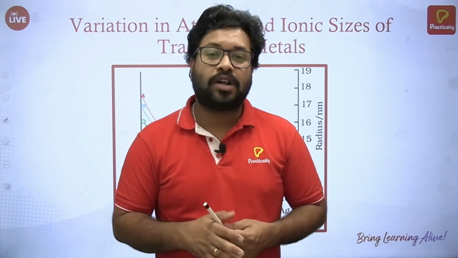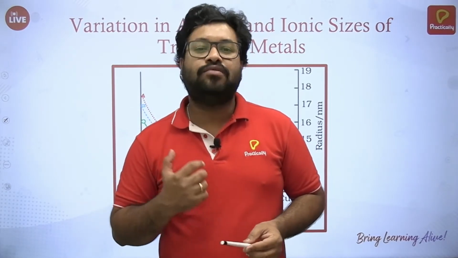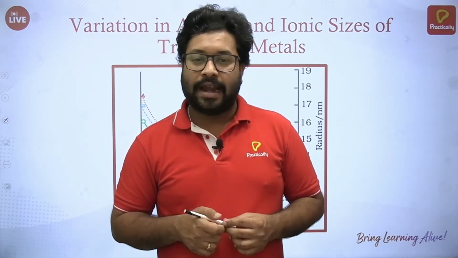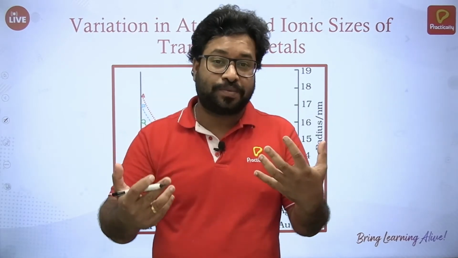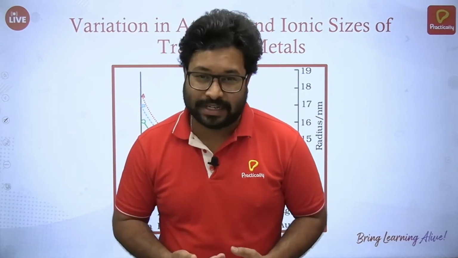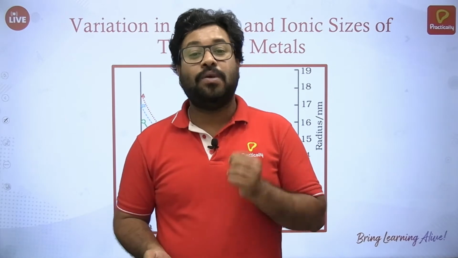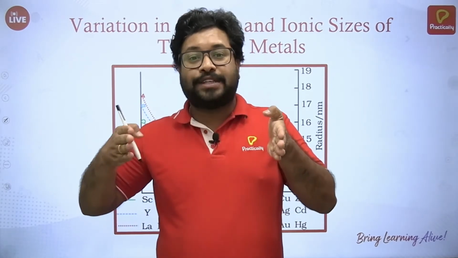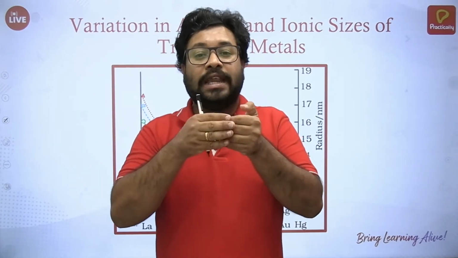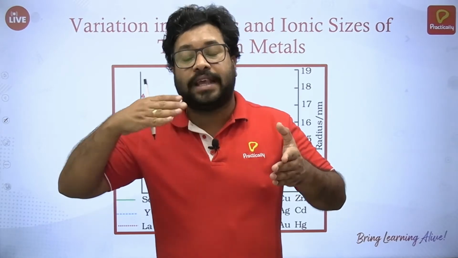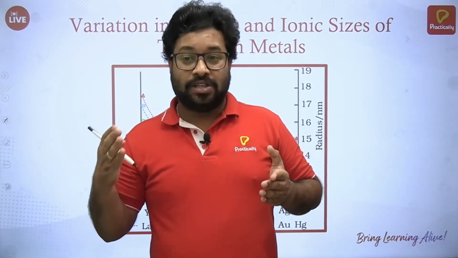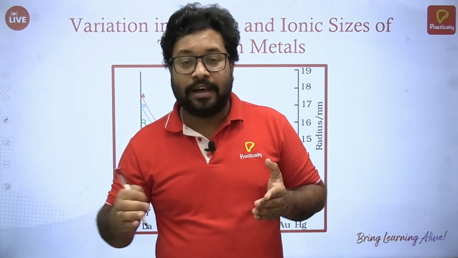And inter-electronic repulsion would make the system unstable. And as I told you earlier, no system wants to be unstable, right? So what does it do? It tries to expand its shell a bit. Its shell increases a little bit. Because of that increased size of the shell, repulsion decreases.